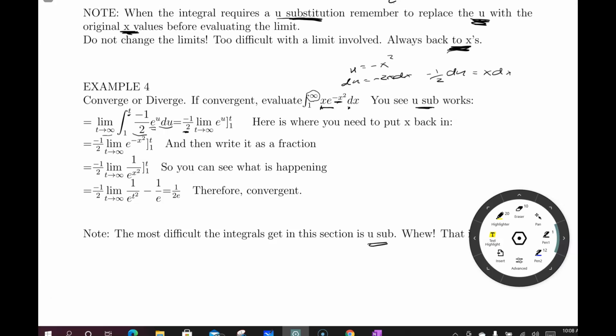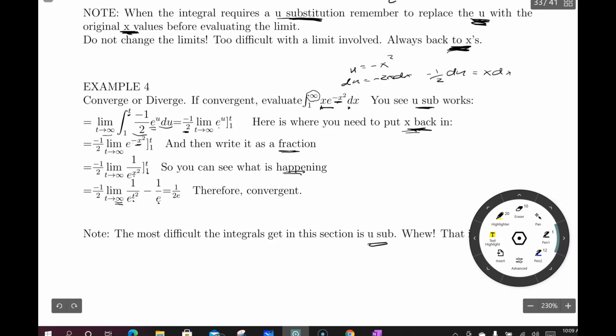Now I'm going to make sure I put the x's back in. Hugely important. Then I'm going to take the time to write this one as a fraction. This negative exponent puts it in the denominator, and this will help me see what's happening as I plug in the t, and subtract off plugging in the 1.